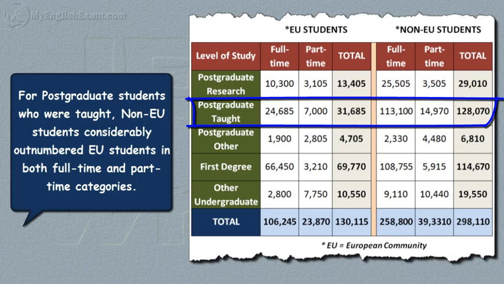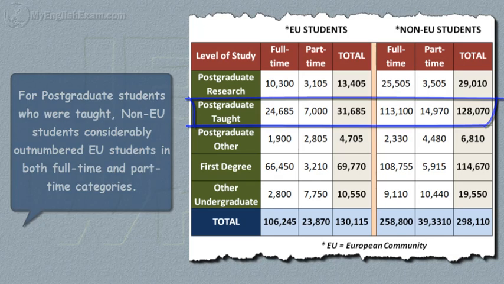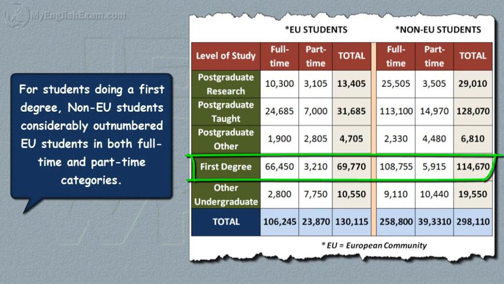For postgraduate students who were taught, non-EU students considerably outnumbered EU students in both full-time and part-time categories. For students doing a first degree, non-EU students considerably outnumbered EU students in both full-time and part-time categories.